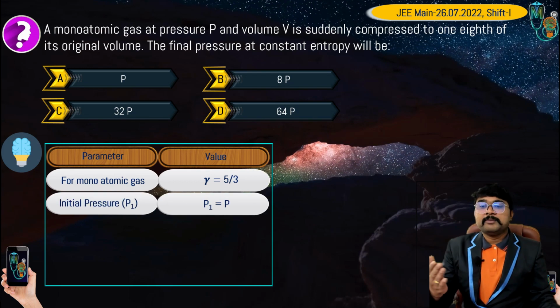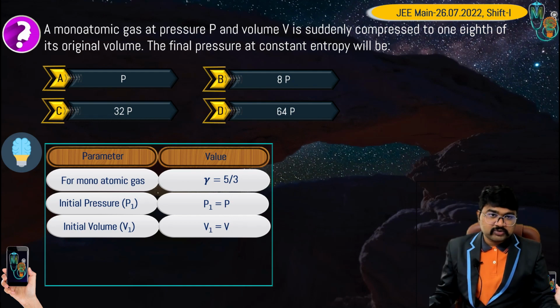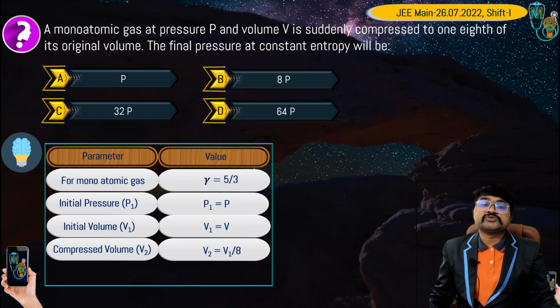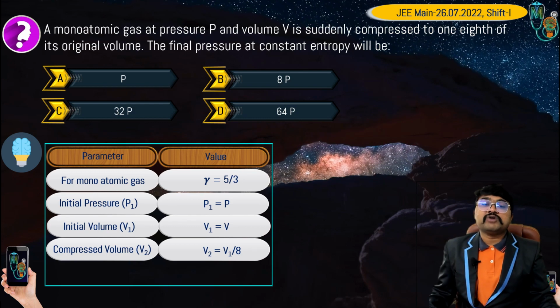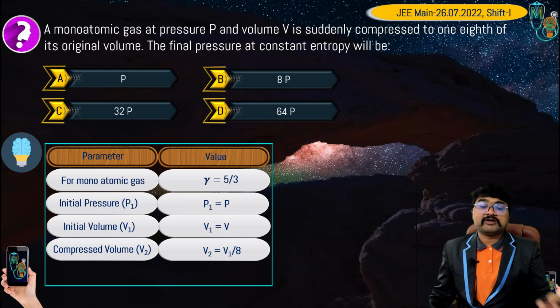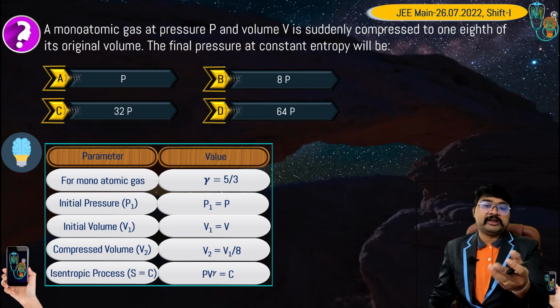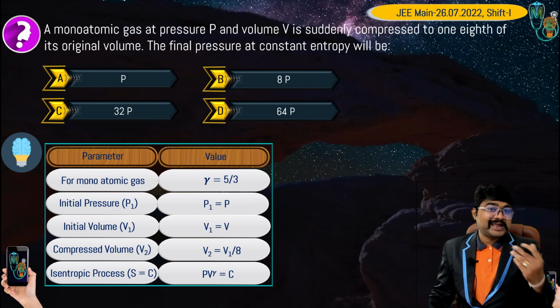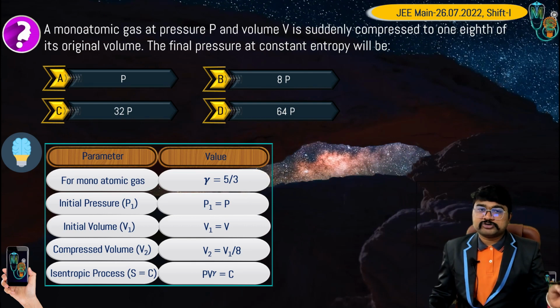Initial pressure P1 equal to P, initial volume V1 equal to V. Then it is compressed to 1/8 of its original volume, that means V2 equal to V1 by 8, that is V by 8. They are asking for the final pressure at constant entropy. A constant entropy process is nothing but an isentropic process.